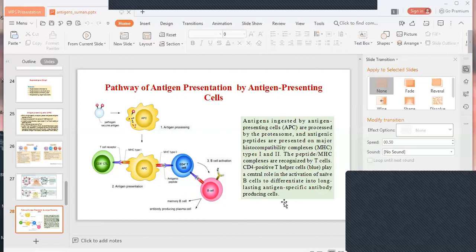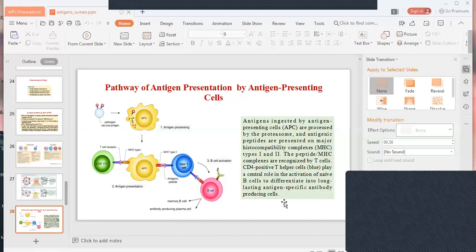The APC surface has two types of receptor, MHC1 and MHC2. MHC1 will bind with the CD8 cytotoxic T cells, and on the other side they will bind with the helper T cell via MHC2. So APCs are actually bridging the two types of T cells, helper T cells as well as cytotoxic T cells.